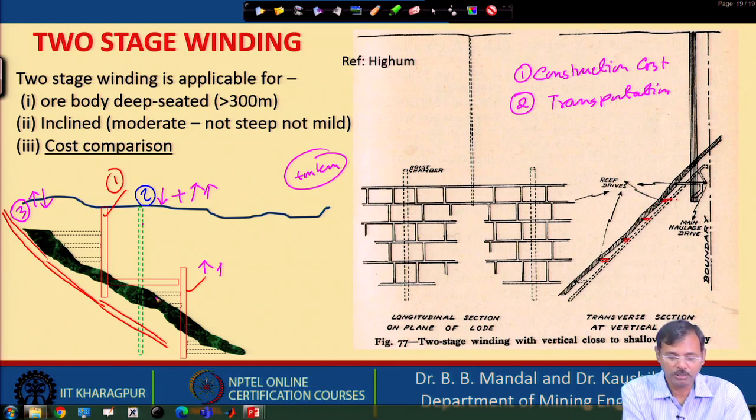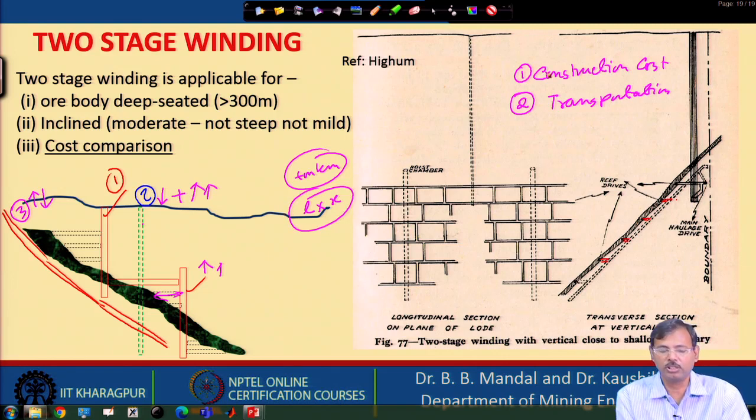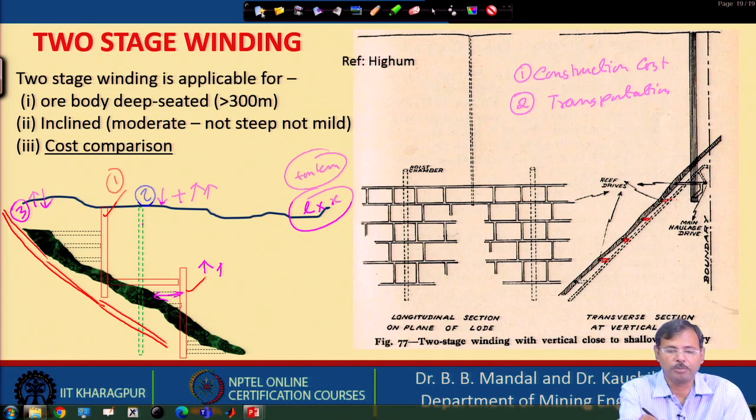So, whatever cross cut lengths are there, that is basically multiplied in. We can say the cross cut length into x is the transportation cost. So, this transportation cost plus construction cost and the maintenance of the constructed openings are considered, and whichever is coming minimum, that is in general adopted.